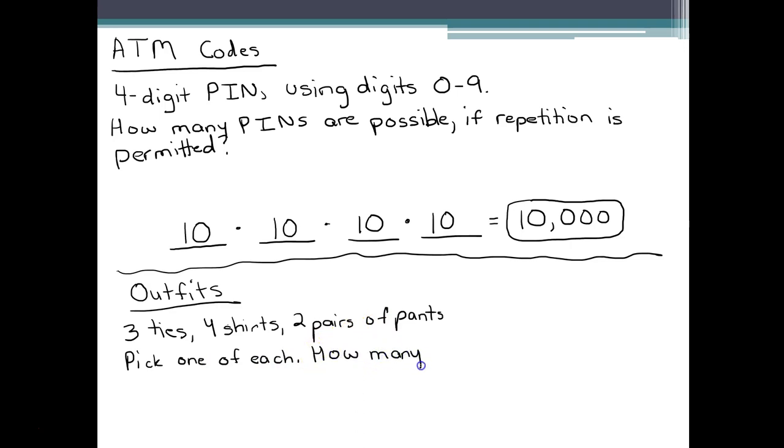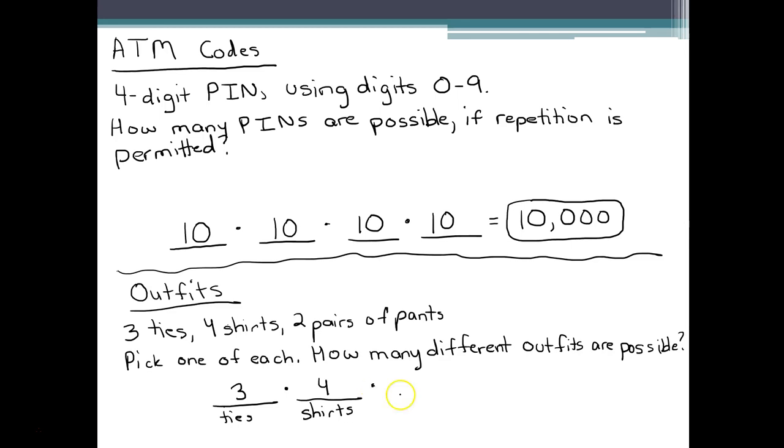So this is not quite as extreme as the example I did previously. Numbers aren't as big. First blank you put the number of ties, which is 3. Second blank, the number of shirts, which is 4. Third blank, the number of pants, which is 2.